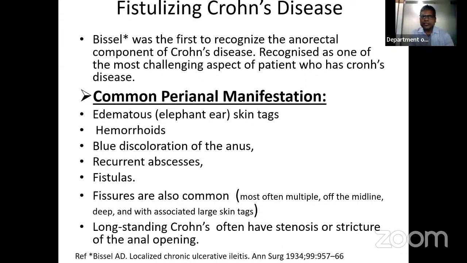If Crohn's disease is long-standing and neglected, it can often lead to stenosis or stricture formation of the anal opening also.